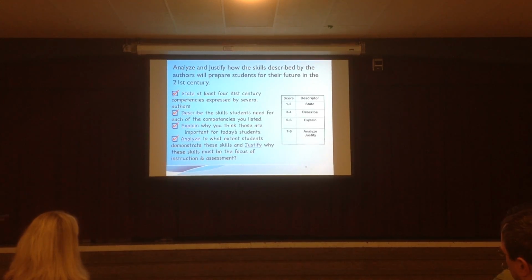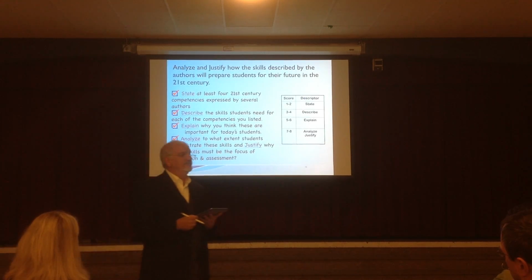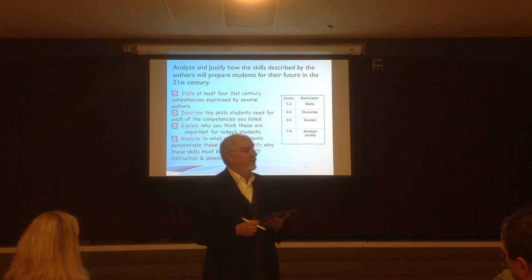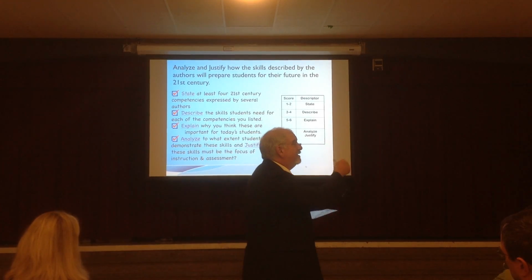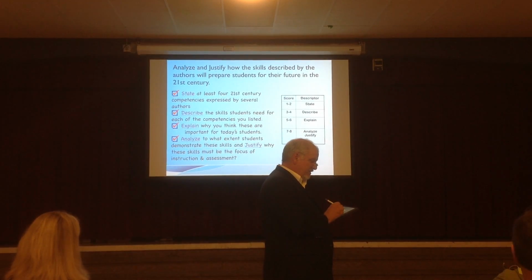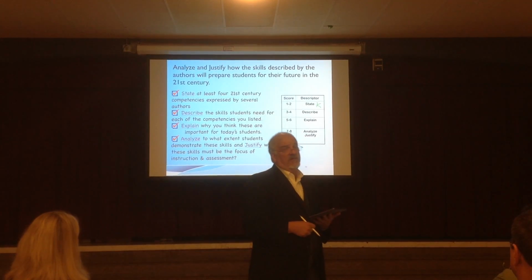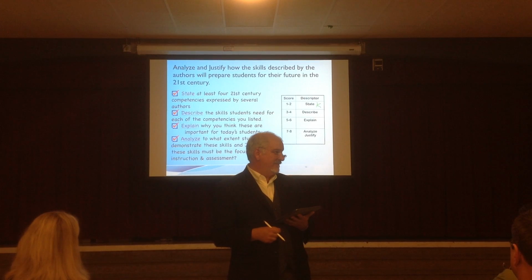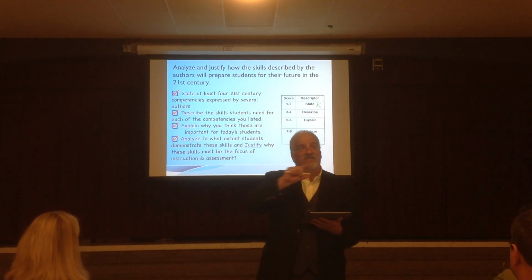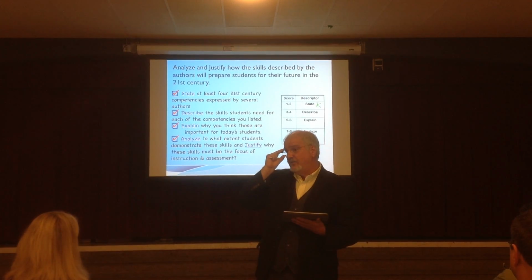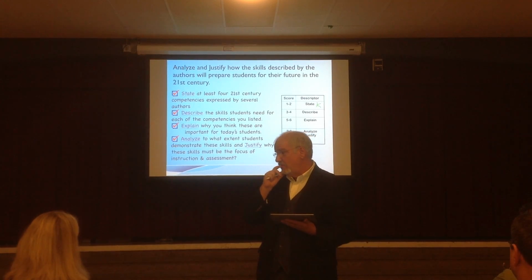So knowing information in this system would score you what? What level? Say that again? The basics. The basic. This is simply knowing. This is what used to get us 100. But now you see it's the foundation. Because you can't do anything else if you don't know it.